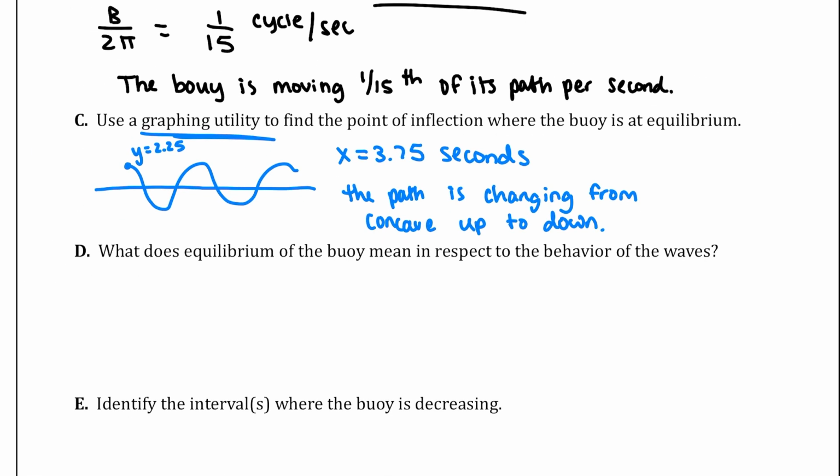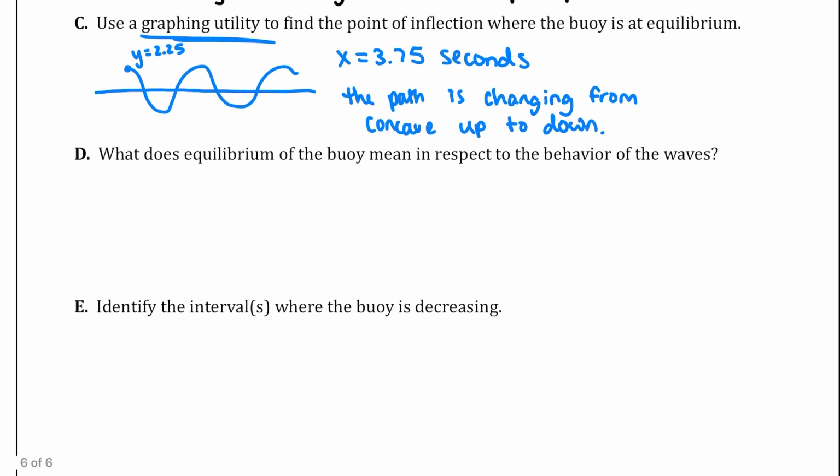All right, and then it says, what does equilibrium of the buoy mean in respect to the behavior of our waves? We kind of already talked about it in this example, but the behavior of the waves at the equilibrium point is just like the height. Basically, it's the midline.